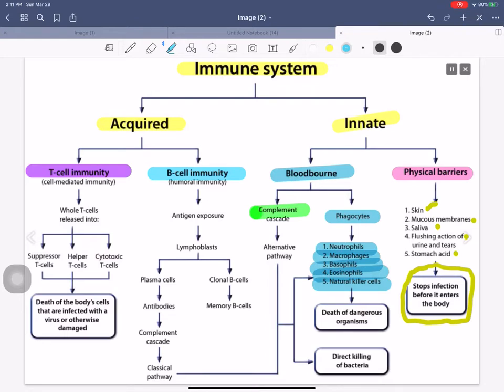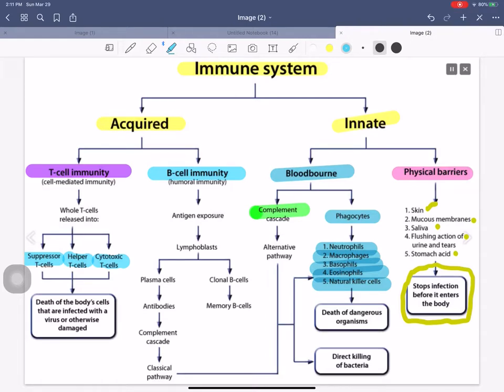Now, under T-cell immunity, there's a number of cells. Some categories: we have suppressor T-cells, we have helper T-cells, and then we have cytotoxic. Yes, there are a few other types and subclasses that we could look at. But what's the main goal of these? Their main goal is basically the death of body cells.